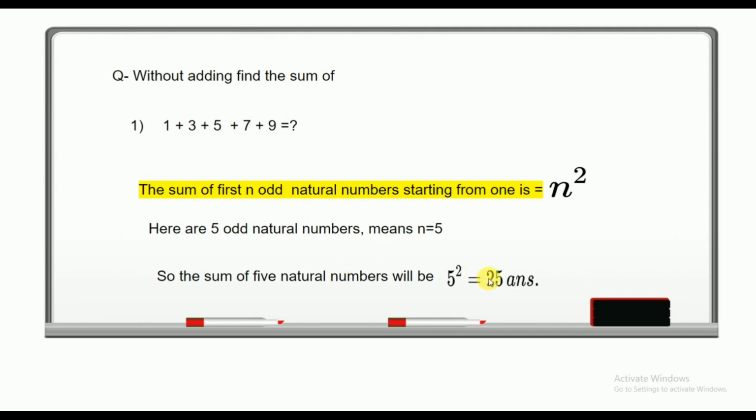You can recheck your answer by simply adding these odd natural numbers. But if you want a shortcut, we have a formula that the sum of first n natural odd numbers starting from 1 is equal to n square.